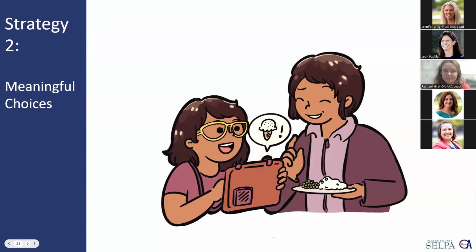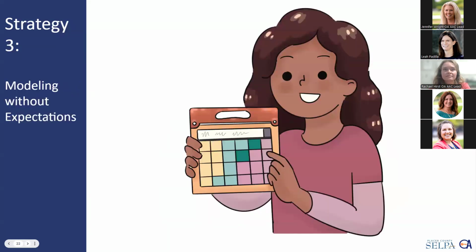And so for the final one, I talk about modeling, so aided language modeling, which is, like I said before, pointing to pictures as you speak. But I also make sure to put "without expectations" right there from the beginning. This is something that's gathered steam in the past several years.